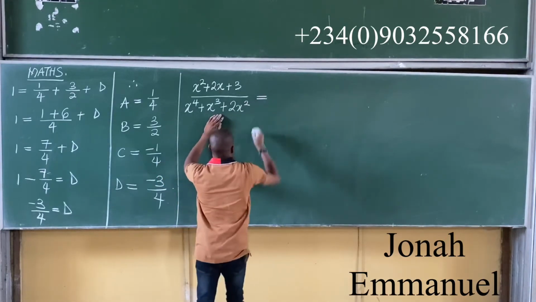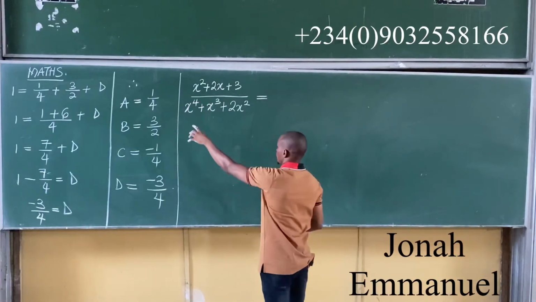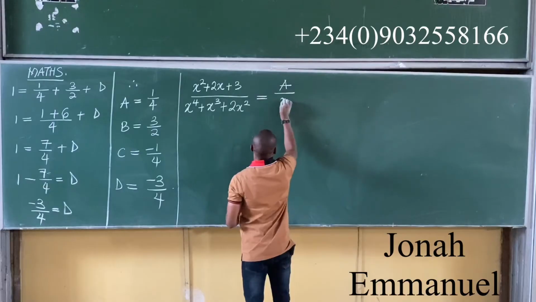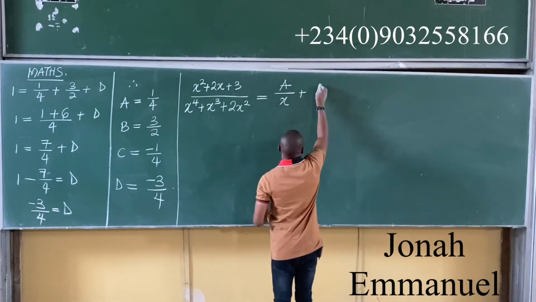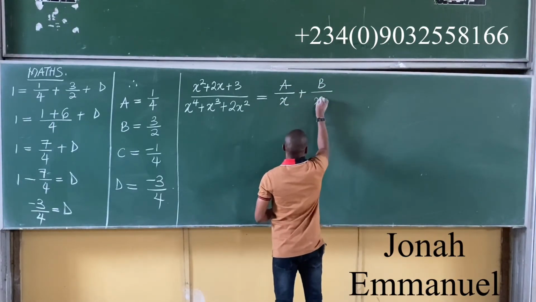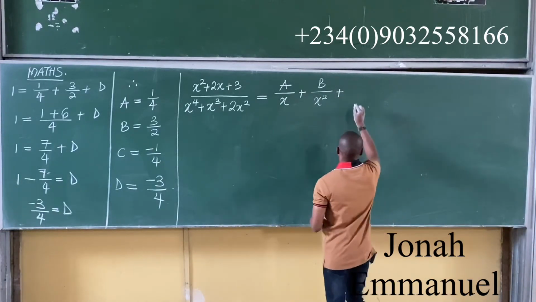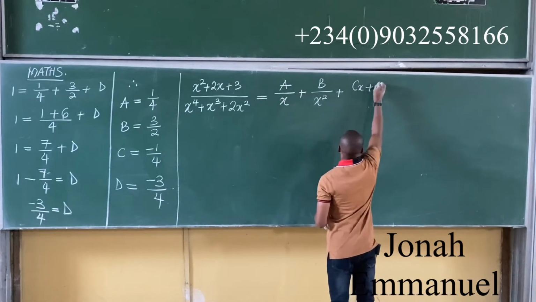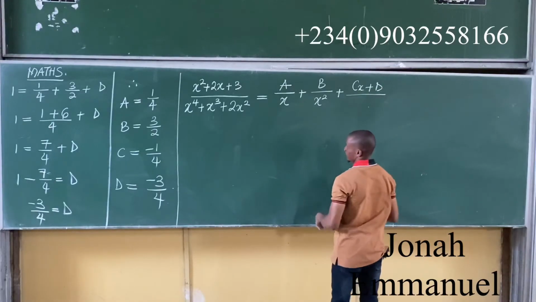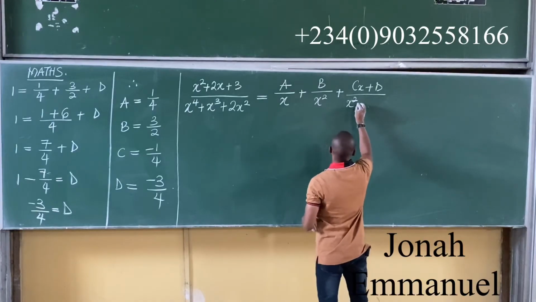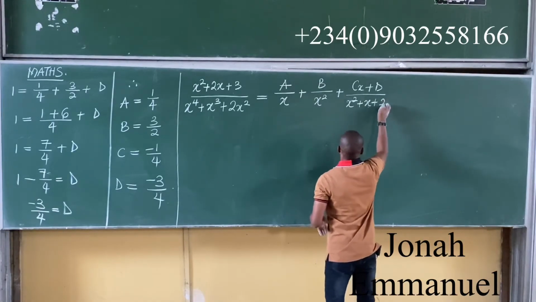It was equal to a all over x plus b all over x squared plus cx plus d all over x squared plus x plus 2.